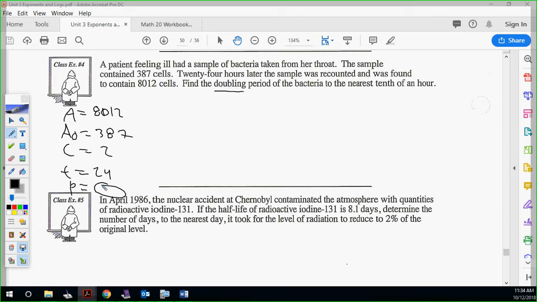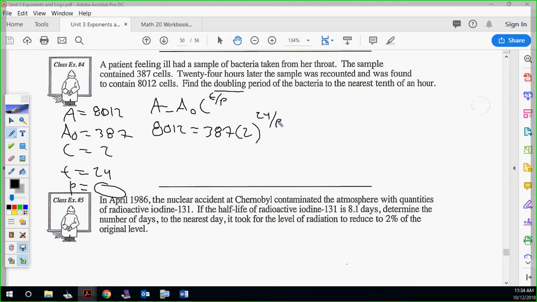So if we set this up, remember, this is the original: A naught times C to the t over P. T is 24. Just know we're working in hours.